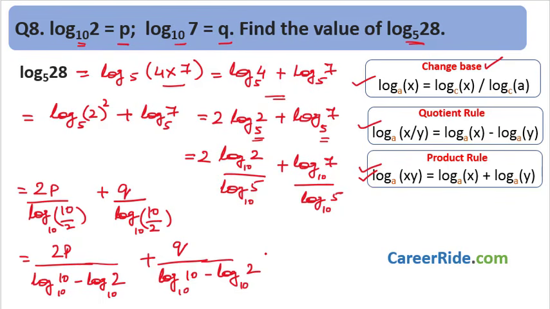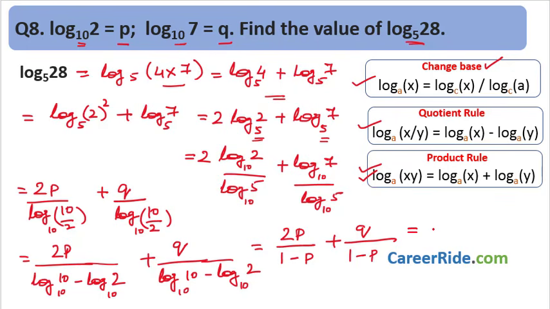Now I know the values here. What do I know? 2p divided by log 10 to the base 10, which has value 1, minus log 2 to the base 10, which I am given is p, plus q from the second term, divided by, again, log 10 to the base 10 is 1, minus log 2 to the base 10, which I am given is p.